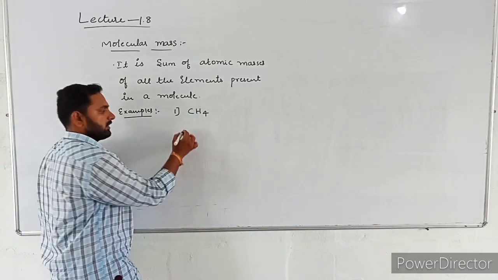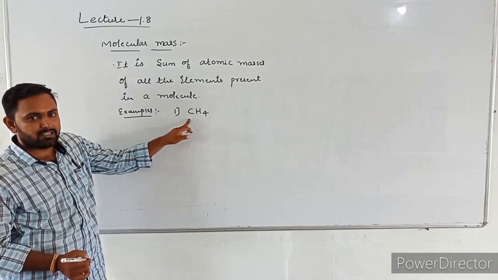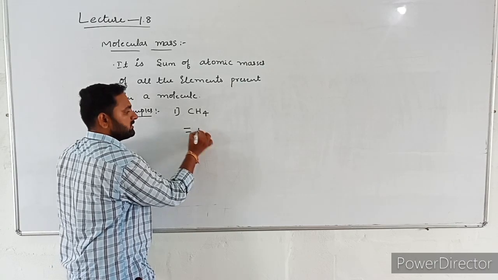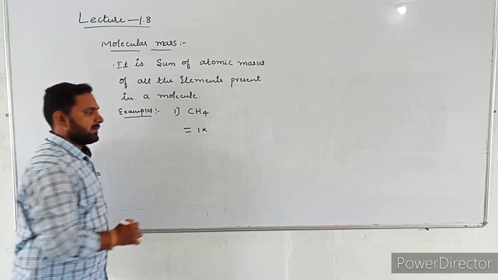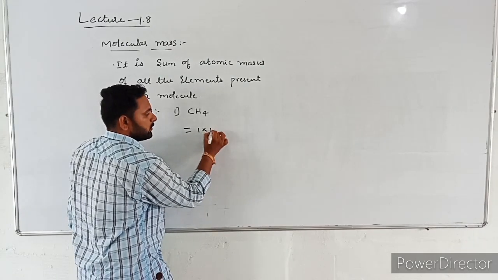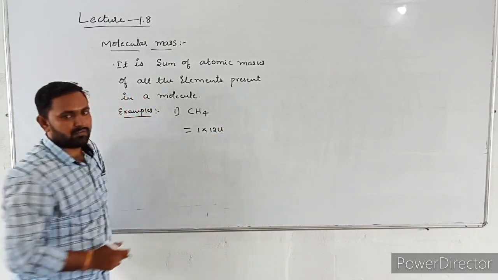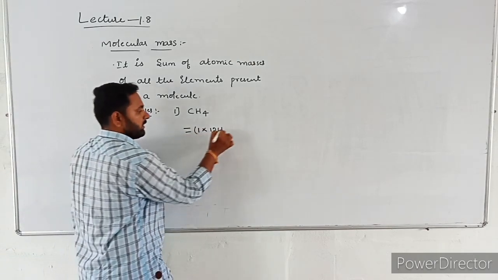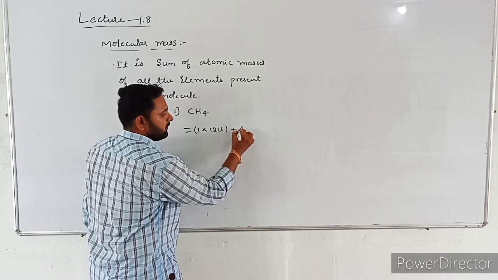Now let us calculate. First, how many carbon atoms are present in CH4? One carbon atom is present. Then what is the atomic mass of carbon? Atomic mass of carbon is 12U, because atomic mass we express in unified mass. Plus, how many hydrogen atoms are there? 4.